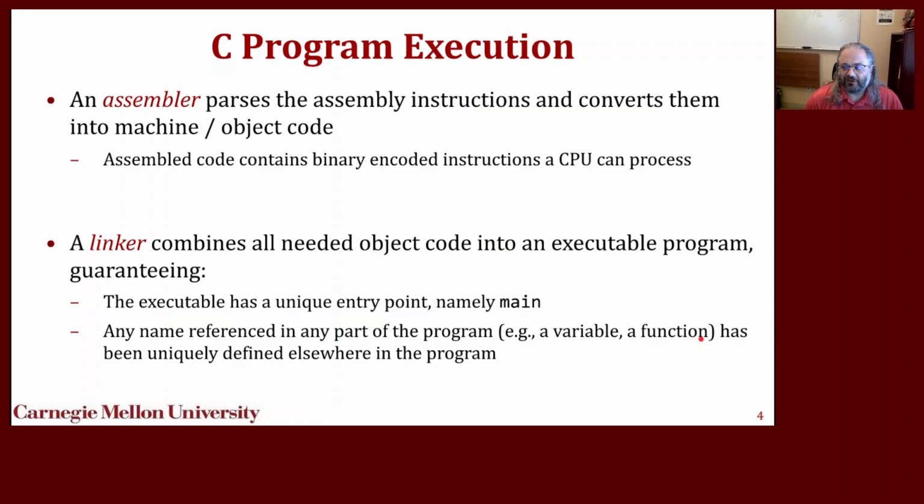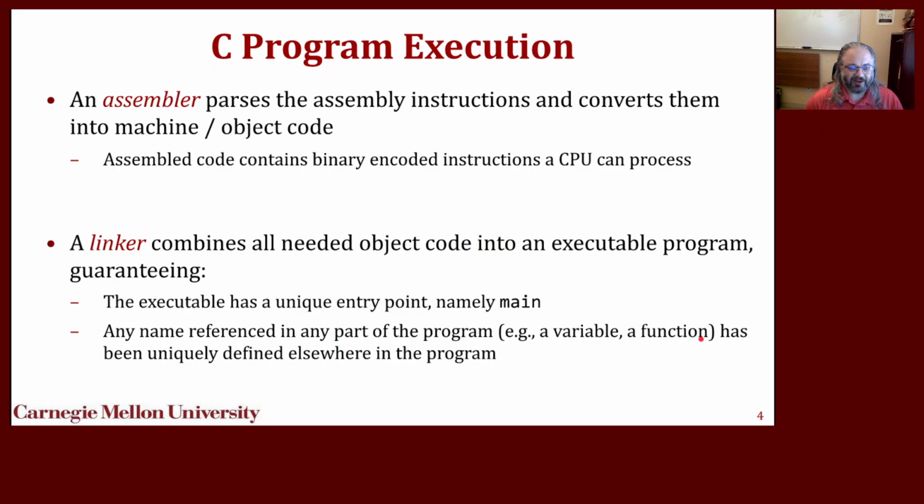The second guarantee that the linker provides is that any name that's used in any part of the program has been defined uniquely somewhere in the program. So we already mentioned there is a unique main function.